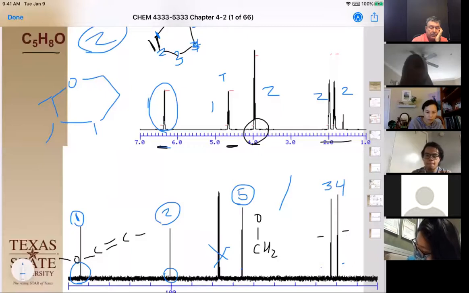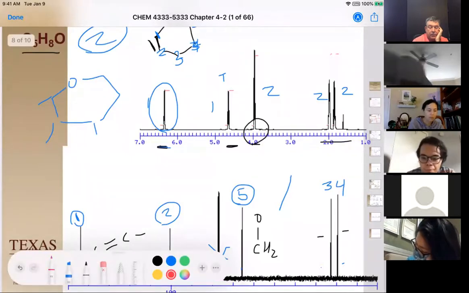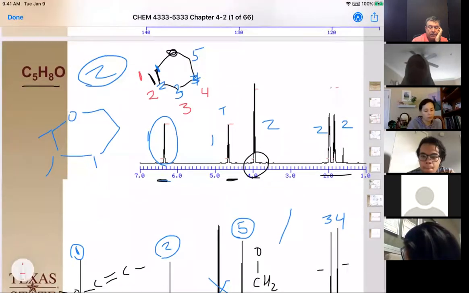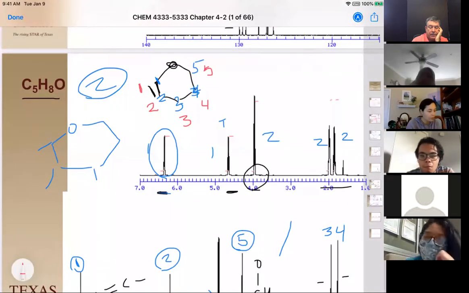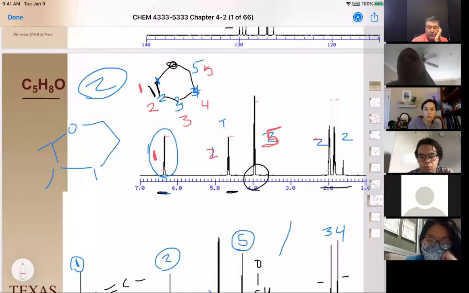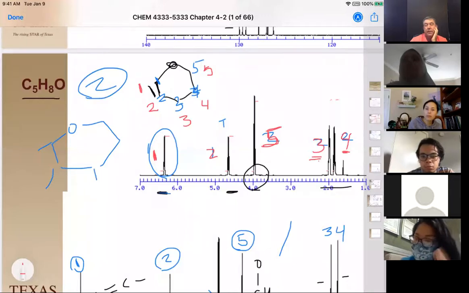And let's look at the hydrogens here. Hydrogen type 1, hydrogen type 2, 3, 4, and 5. This would be hydrogen 1, hydrogen 2, hydrogen 5, and then this would be 3 and 4. This one's slightly higher because it's closer to the double bond. This one's only got CH2s on either side of it, so it's going to be the lowest one.